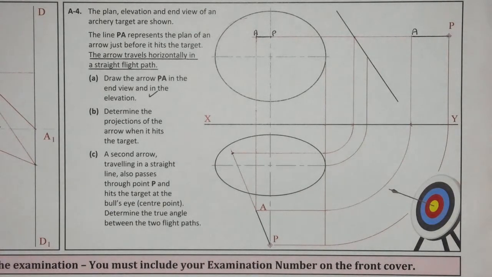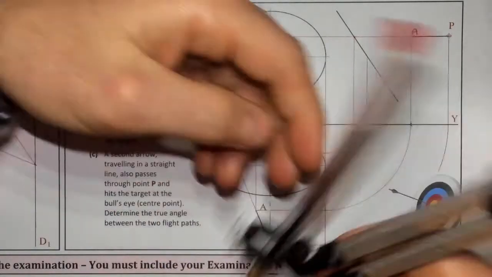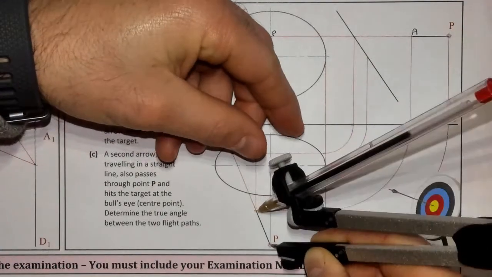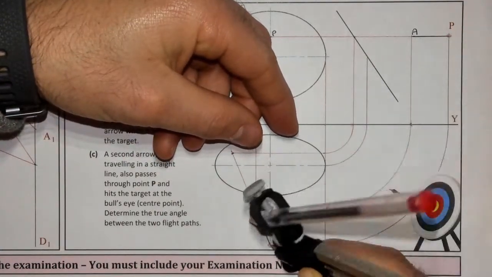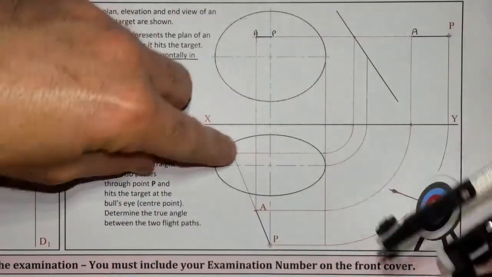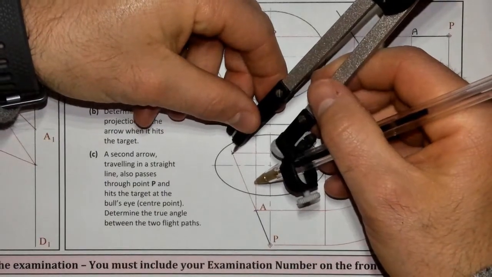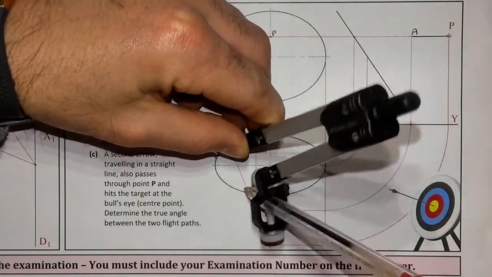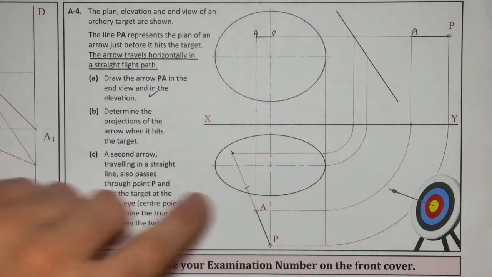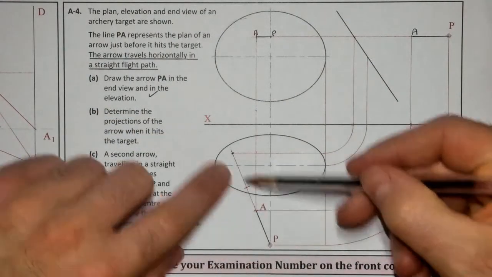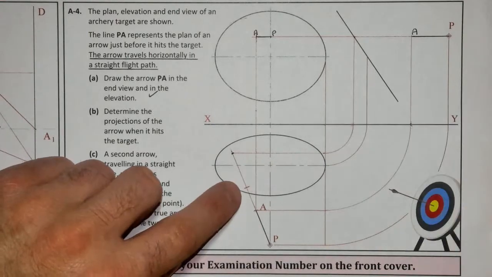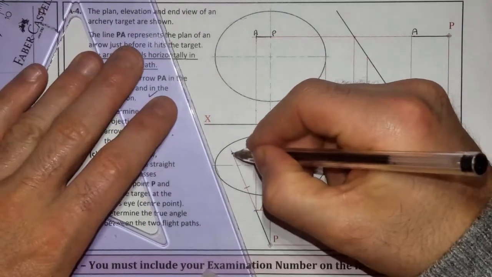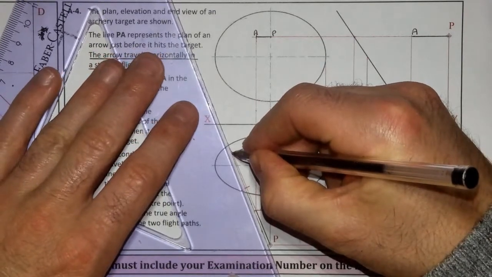So I'm going to take that distance for PA on my compass, and mark it out from where it hit the target, backwards. Essentially PA has travelled to here, P has travelled to here, so that's just the new position of my line PA. That's all that I've done here essentially.